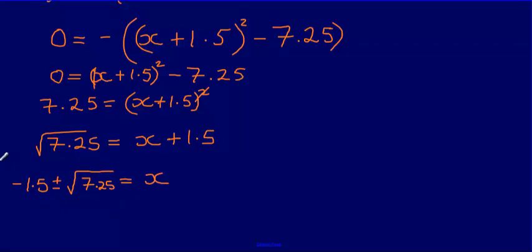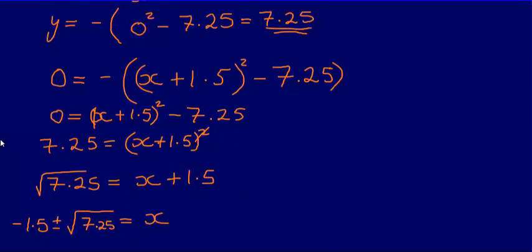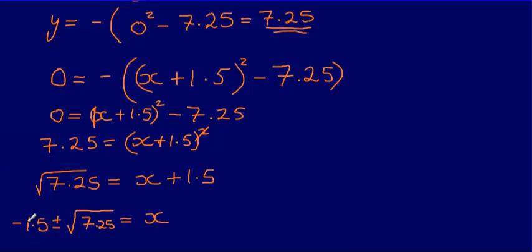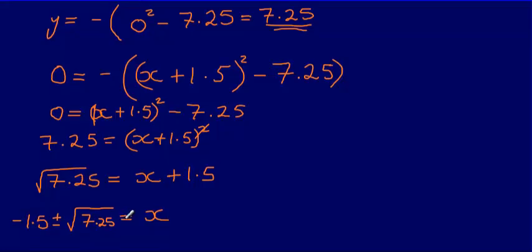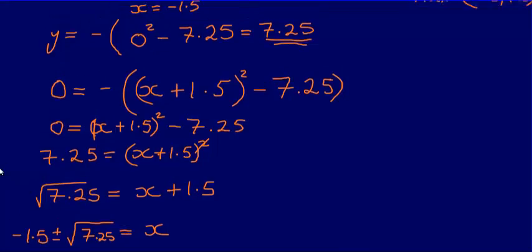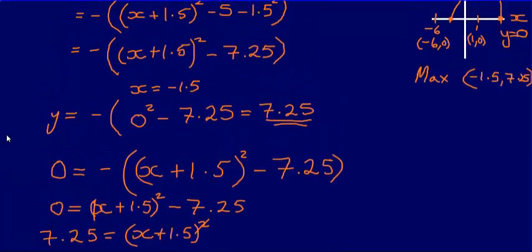So this gives us our two coordinates, negative 1.5 plus or minus the square root of 7.25. So that gives us the points at which the graph cuts through the x-axis.